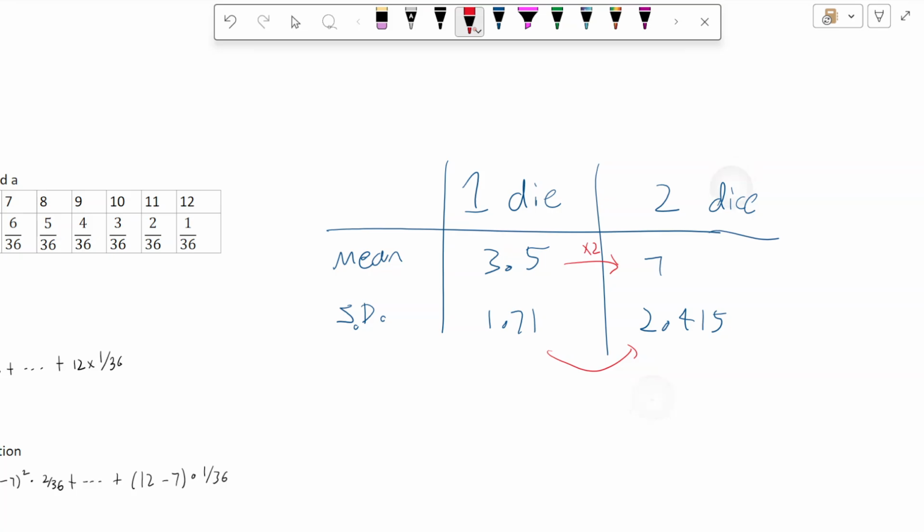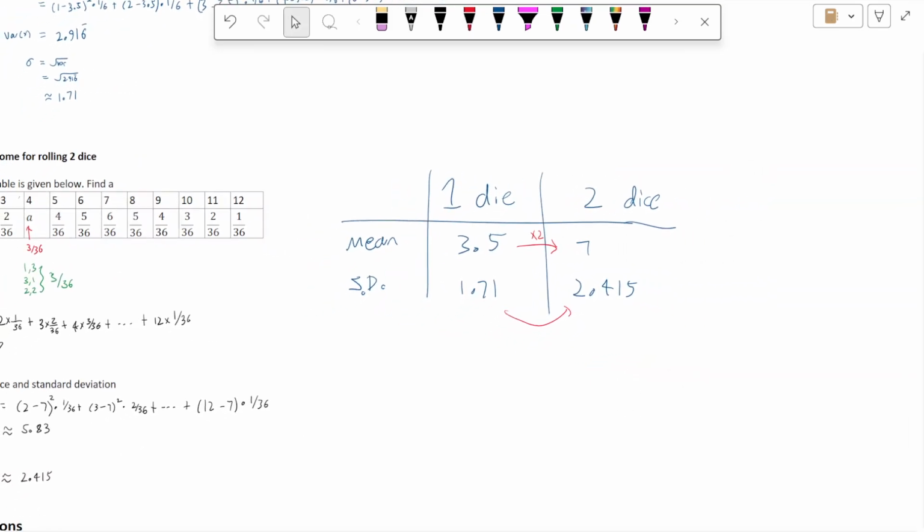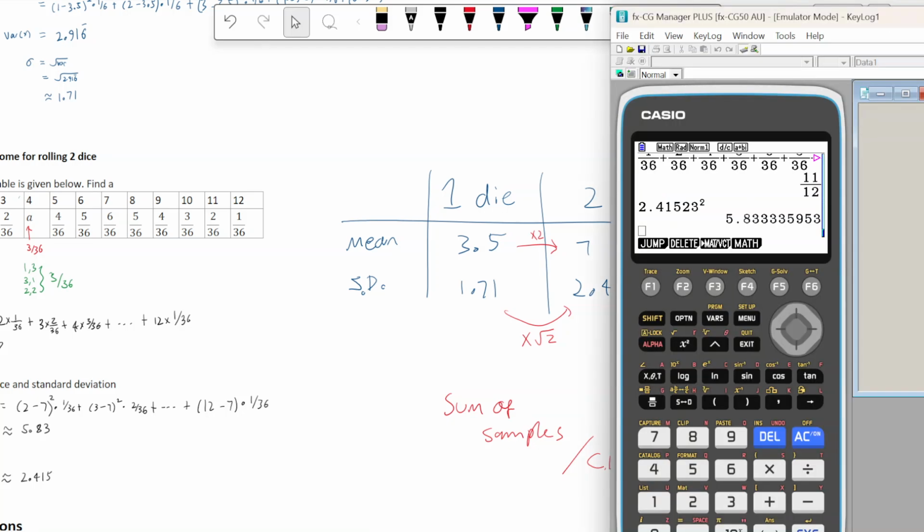Okay. If you're familiar with the last topic, if you're following along with these videos exactly, you might recognize this as sum of samples or the central limit theorem. If you're not, that's no biggie. We'll cover it later in this topic. But you have to times by root 2 to get that. And if we check 1.71 times square root of 2, I'm hoping that it's about 2.41.